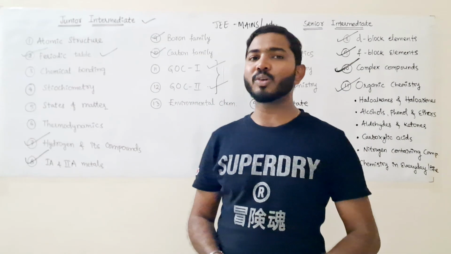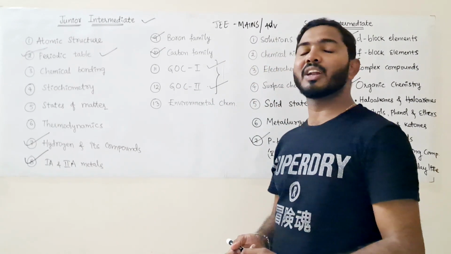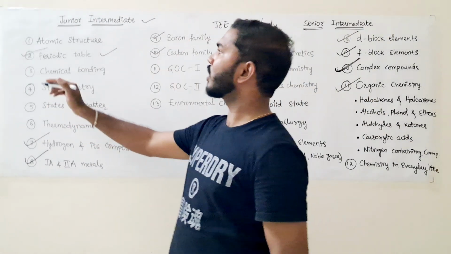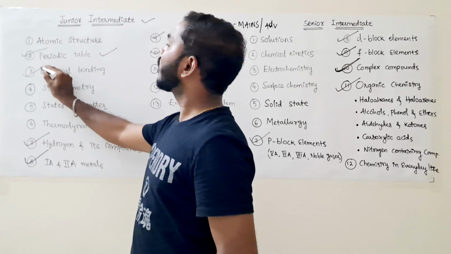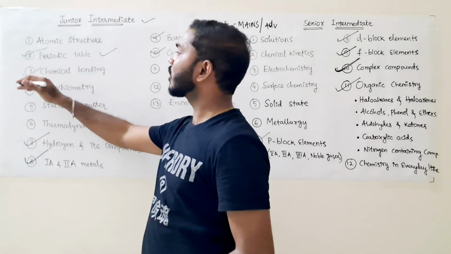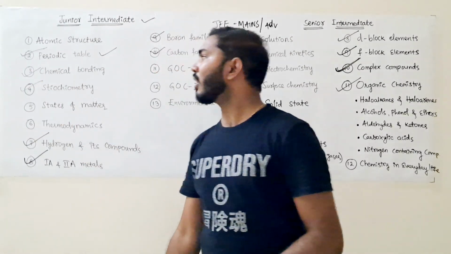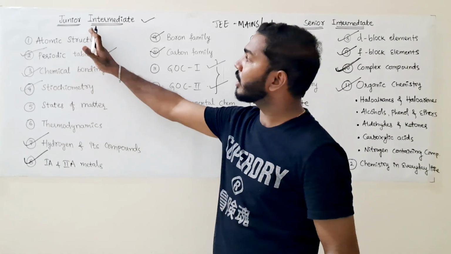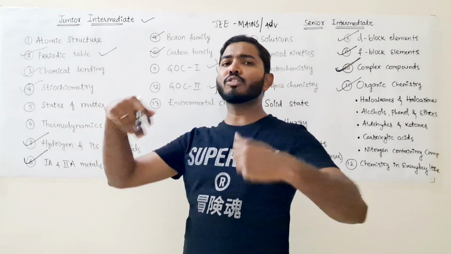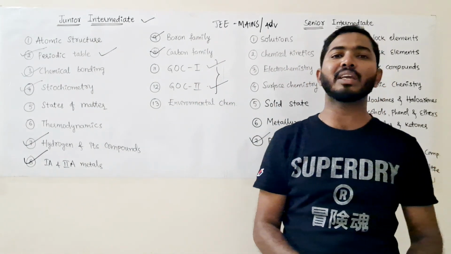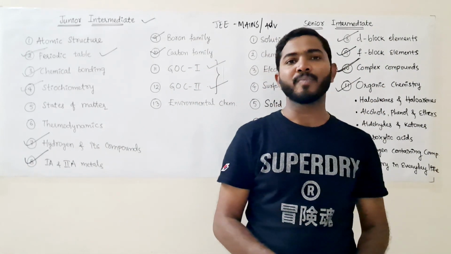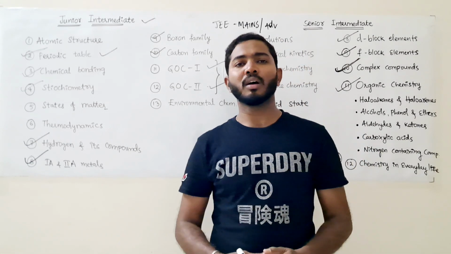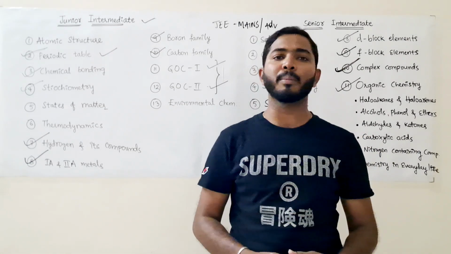And then next, moving to physical chemistry. In physical chemistry, I give more priority to chemical bonding. Actually, chemical bonding, atomic structure, and stoichiometry are very important. Once we have clarity about these 3 topics, most of the physical chemistry topics will be easily solved, and we can easily do questions for any of the competitive exams.